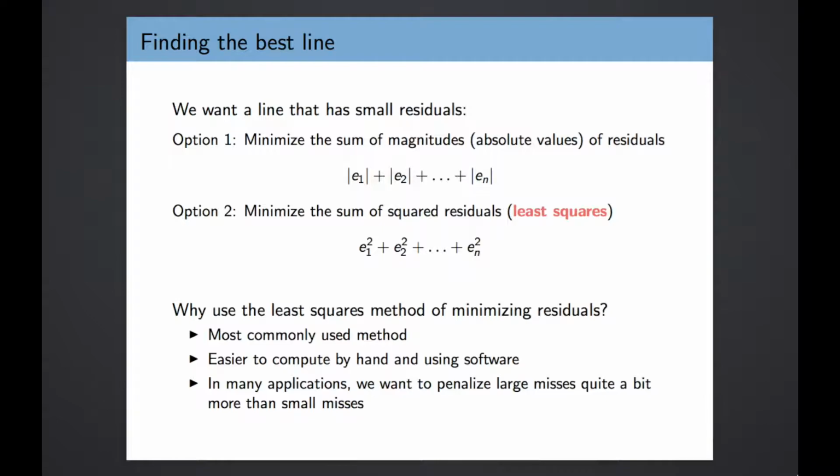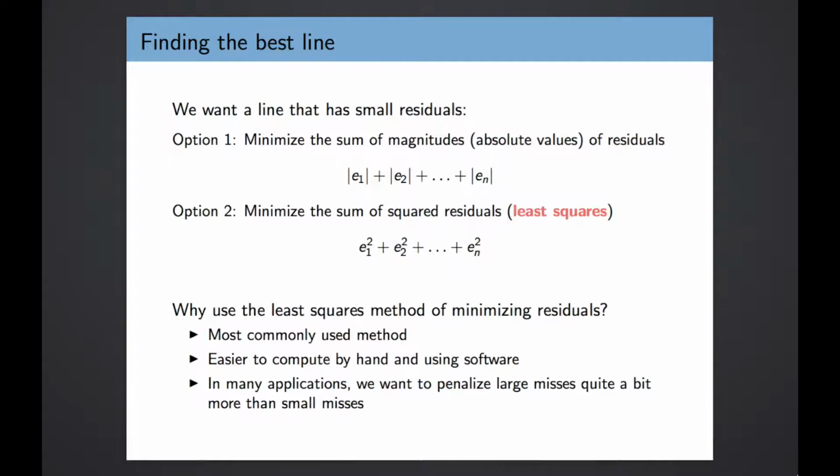So that's a practical reason. And then it also has the effect of really penalizing big misses. So if the regression line is really far away from particular observations, that line is going to get penalized more. The sum of residuals is going to be greater when we use the squared residuals method.